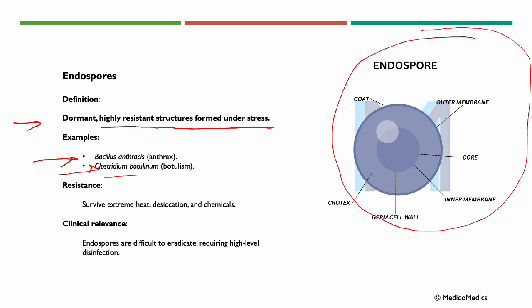And like we said, dormant, highly resistant. So these spores can survive extreme heat or dryness or chemicals, etc., making them hard to kill. And what they do is, very sneaky, they are waiting until conditions improve to then get out and become active again.